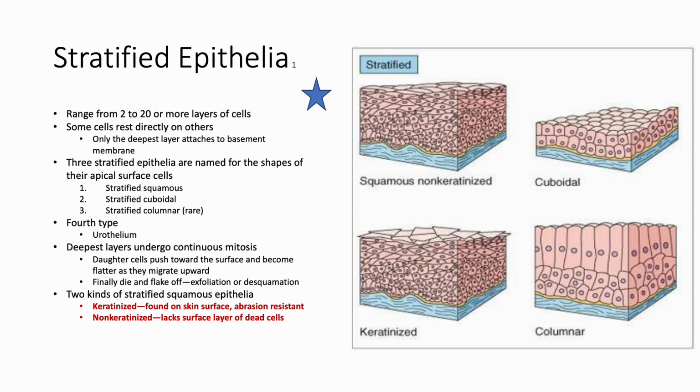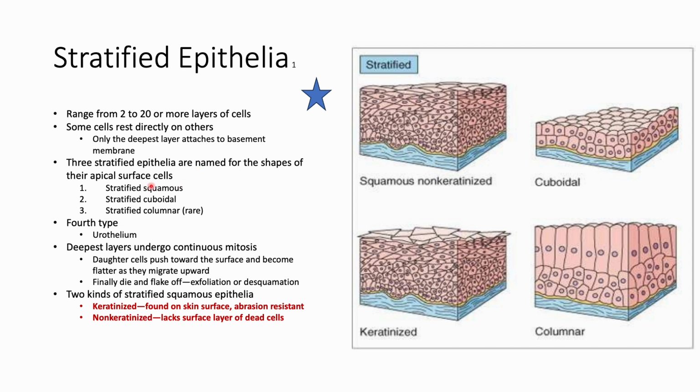Next, we're going to take a look at stratified epithelium. How many layers are there? More than one. Yes, two or more layers sitting on the basement membrane. Again, these are cells right next to each other. We have three stratified epithelia named for the shape of their apical surface cells.